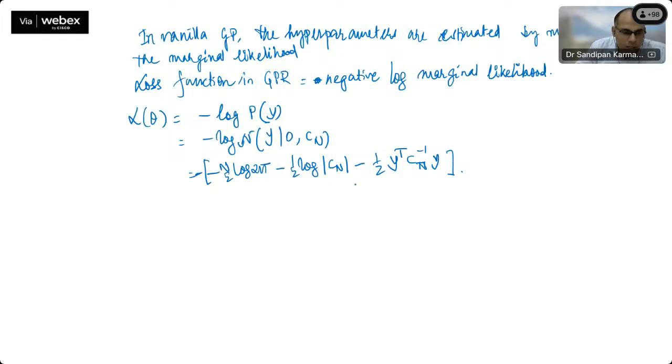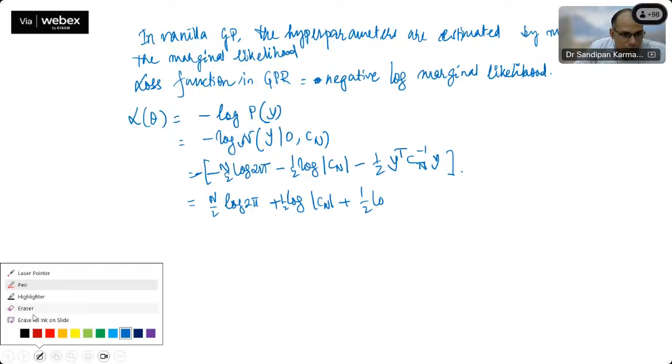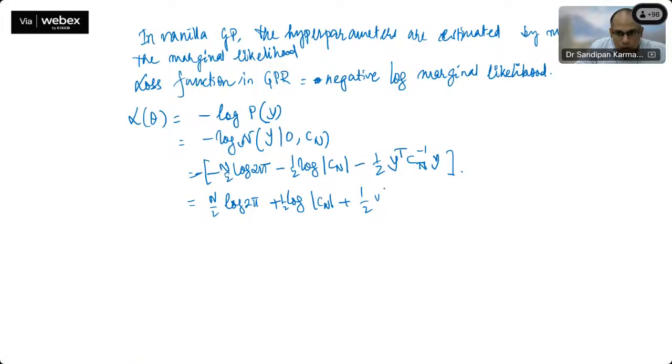This is the log marginal likelihood. Now taking minus on both sides: n by 2 log 2 pi plus half log determinant of Cn plus half y transpose Cn inverse y.